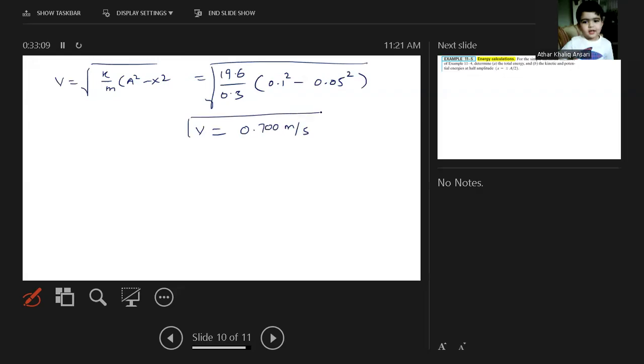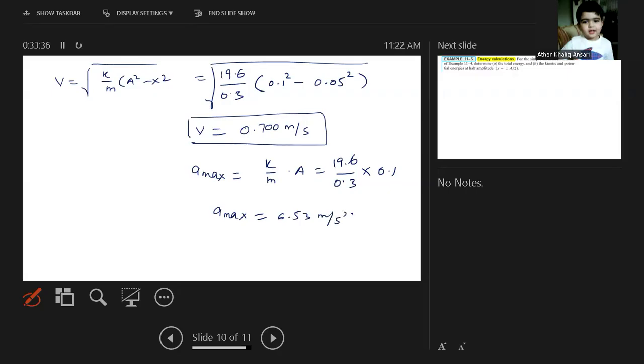Okay. Now if the same question asks you to find maximum acceleration, A max is equal to K over M times A. 19.6 over 0.3 times 0.1. This is 6.53 meter per second squared.